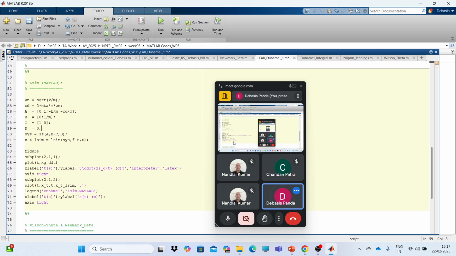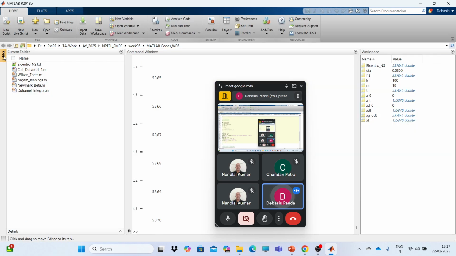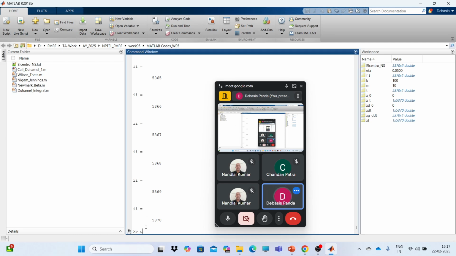Now for the LSIM, if you want to dig into what LSIM is and how they have coded it, where will you get the information, for any kind of function file? You just write doc LSIM.